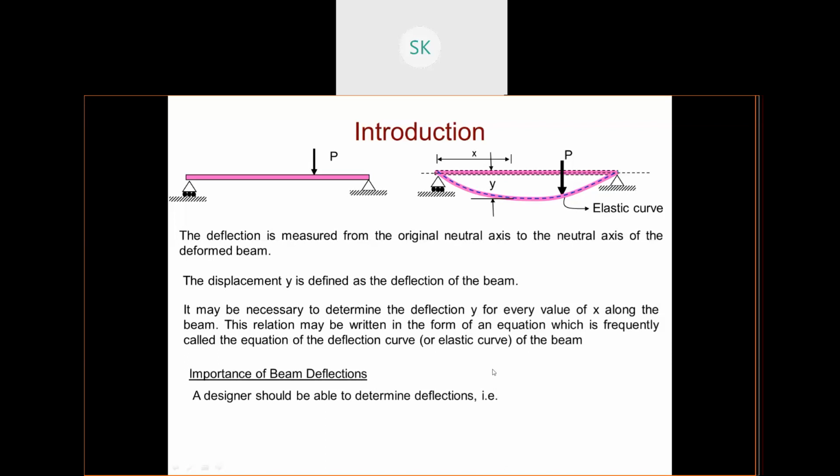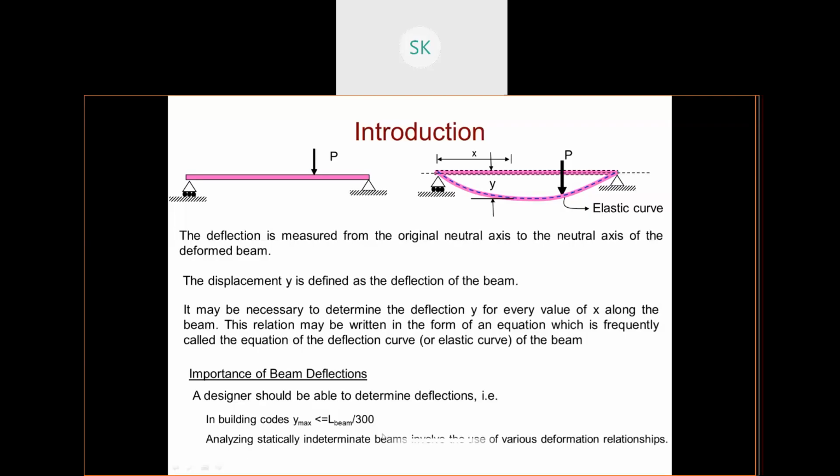Now, what is the importance of beam deflection? A designer should be able to determine deflection, as required in building codes. This is the criteria. You have gone through, I guess, IS 456 for the design purposes. It is a very important IS code you will require in your whole life if you remain in the design field.